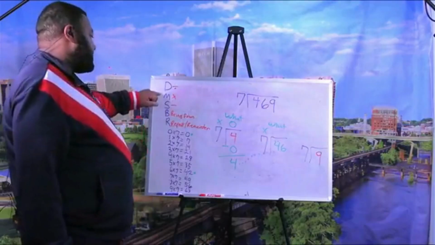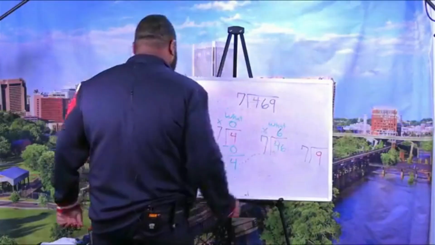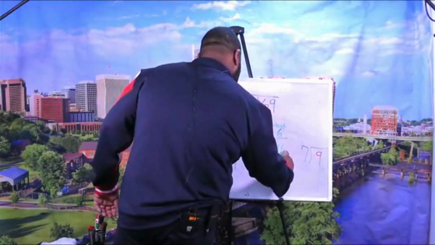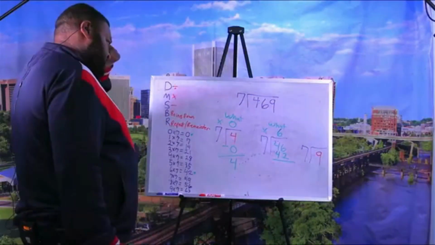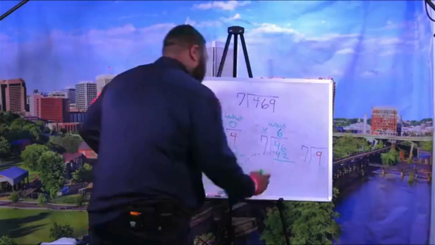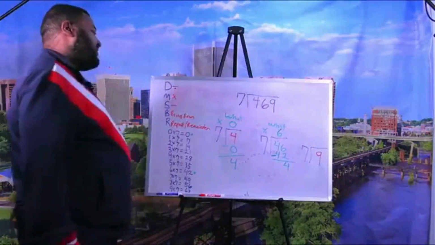That's my multiplication part. So what is that? 6 times 7 is 42. And you subtract there. I do my subtraction, and that should be 4, if I did that correctly.